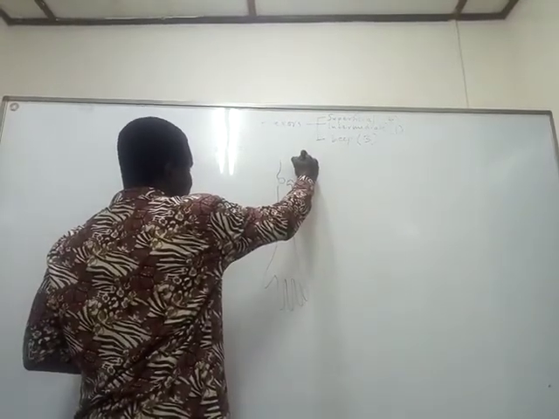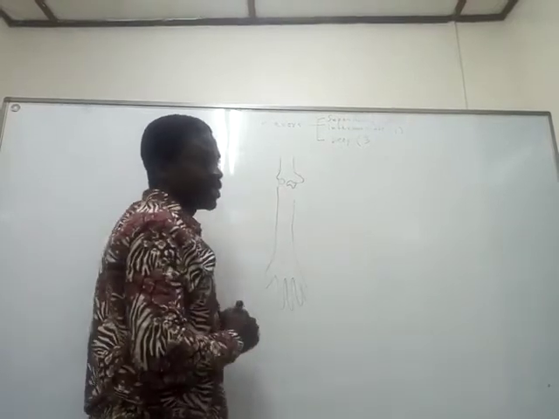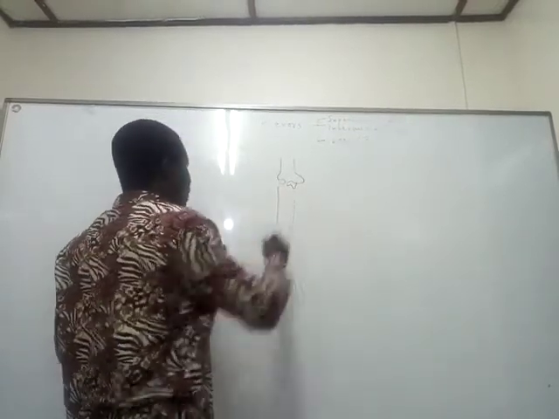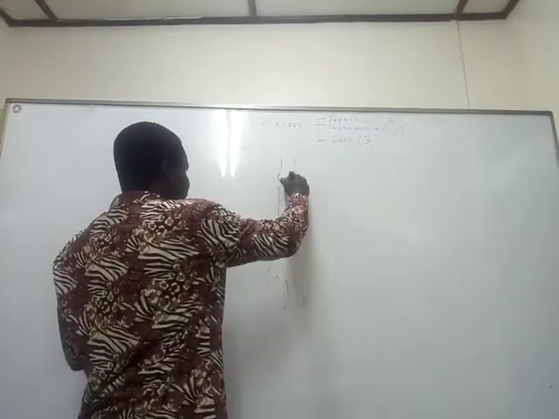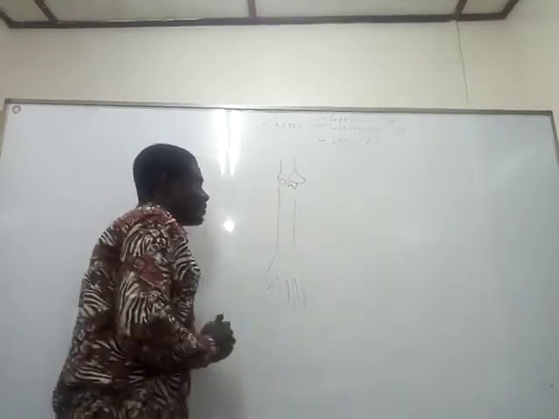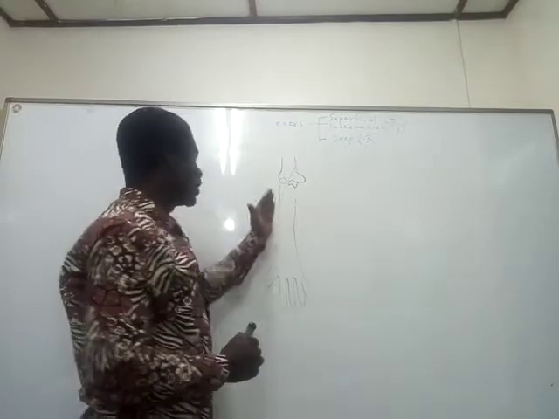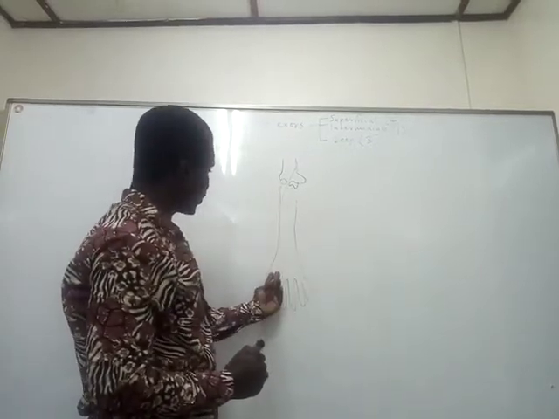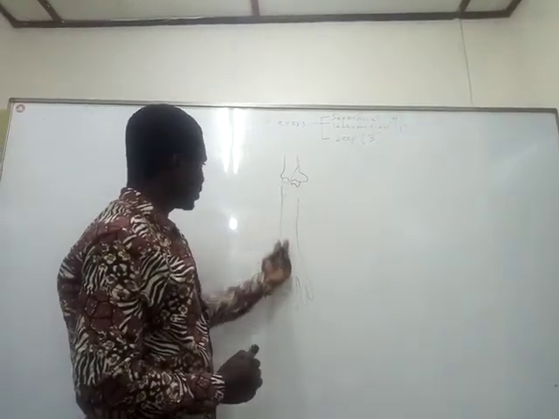Its medial humeral head takes origin from the medial supracondylar ridge and gets inserted on the anterior shaft of the radius, because we know radius will be where the thumb is.